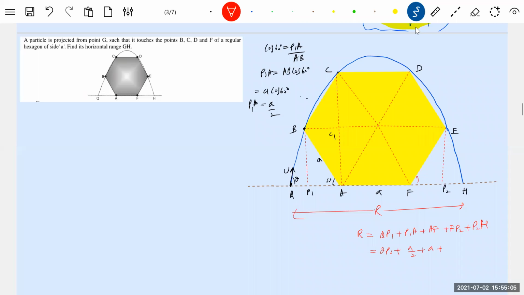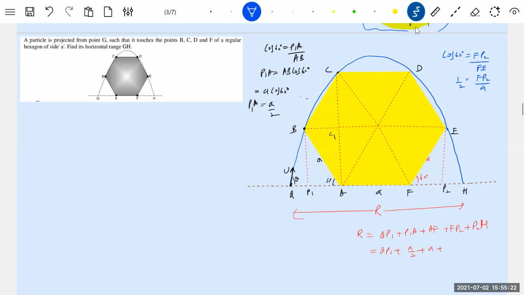FP2, again you can bring the same one more triangle like here. Cos 60 equal to FP2 by FE. This will be 1 by 2.